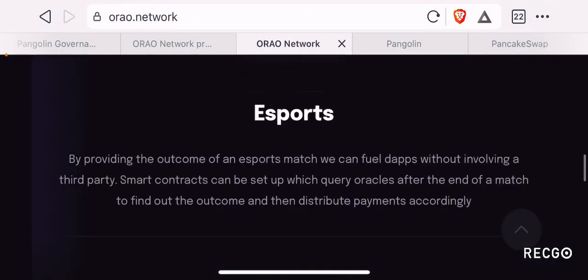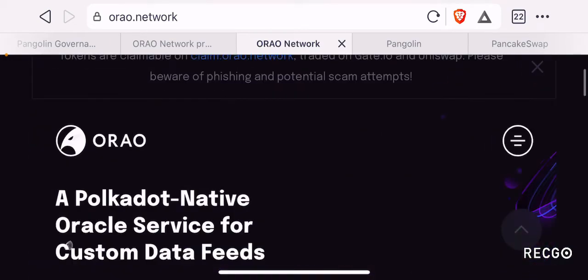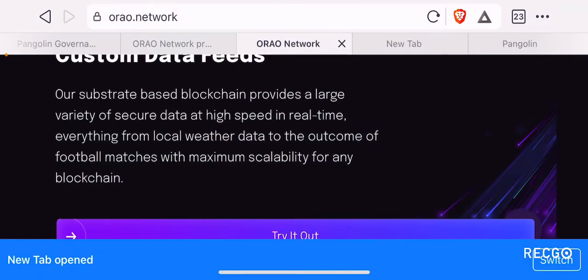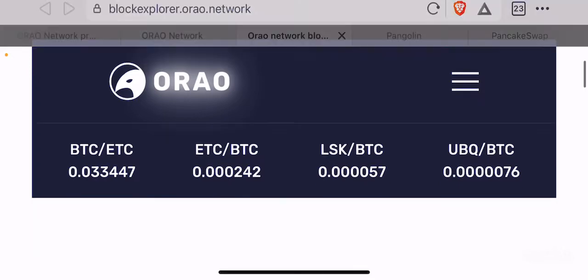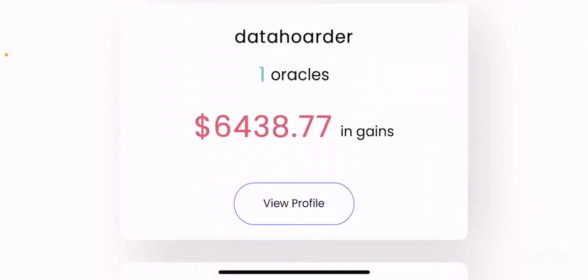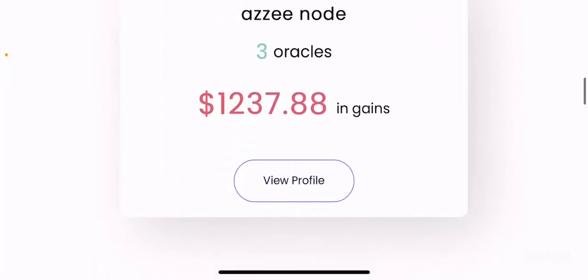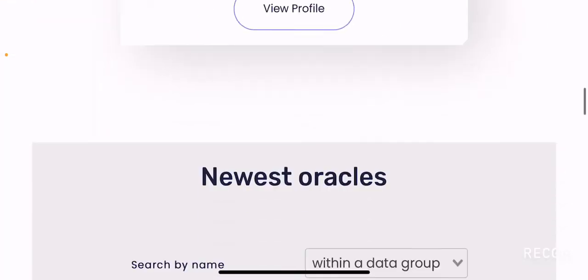So let's quickly go and check their app first. If you click on this link, you will basically see that it leads to their block explorer, which provides information on all the people who are acting as nodes for this ecosystem, for this network.